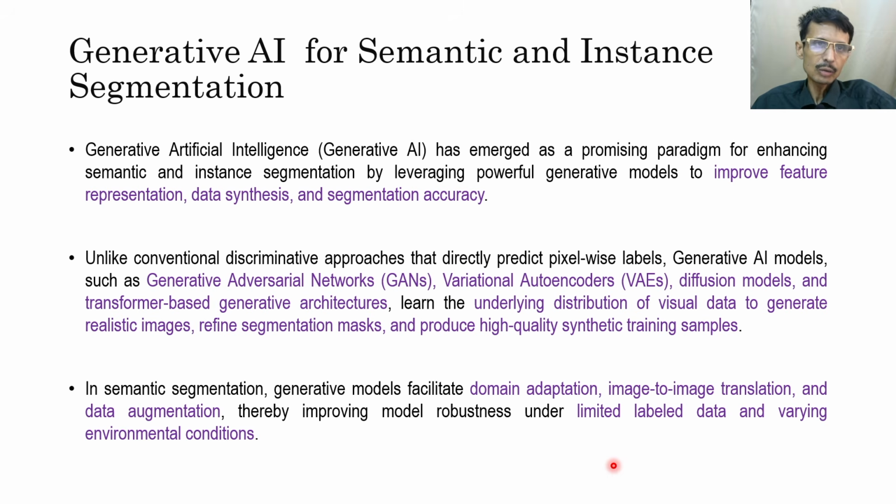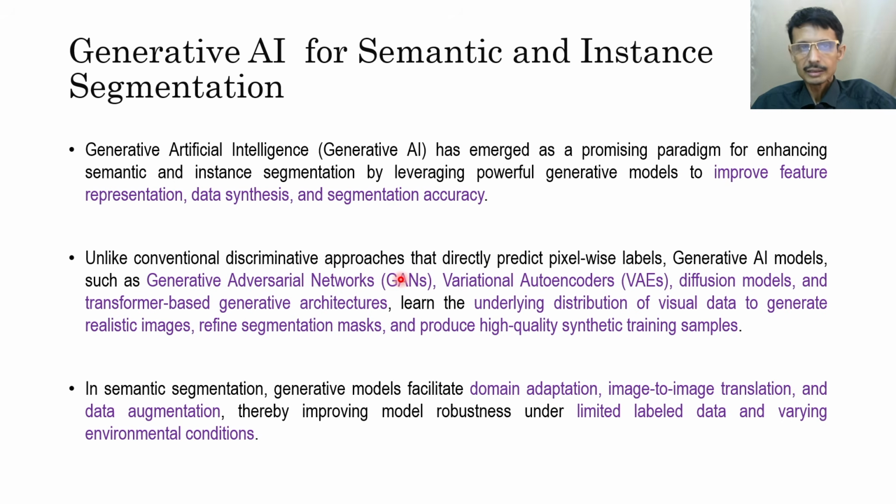Now I have to understand how generative AI helps in semantic and instance segmentation. Gen AI has emerged as a promising paradigm for enhancing semantic and instance segmentation by leveraging powerful generative models like GANs and diffusion models to improve feature representation, data synthesis, and segmentation.